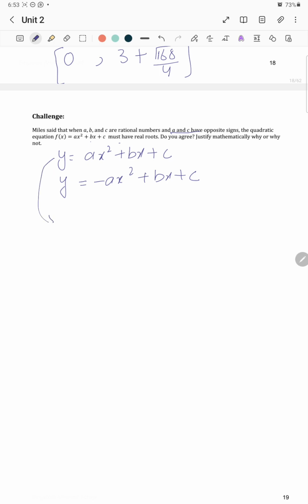So let's find the discriminant for the first case. It would be equal to b square minus 4ac. Opposite signs can happen in two ways: negative a and positive c, or positive a and negative c.